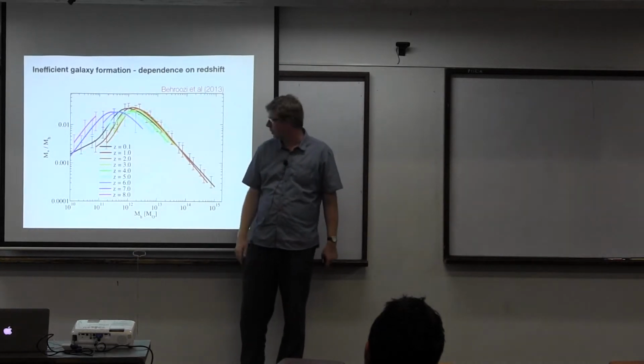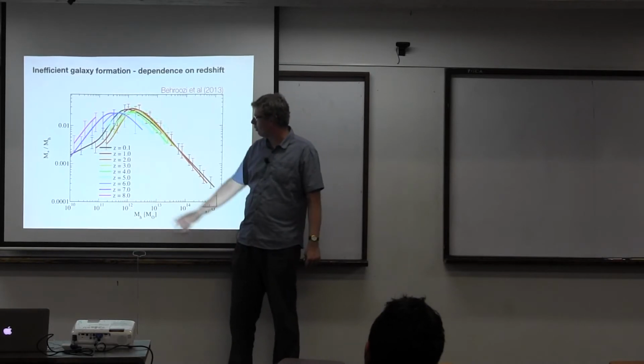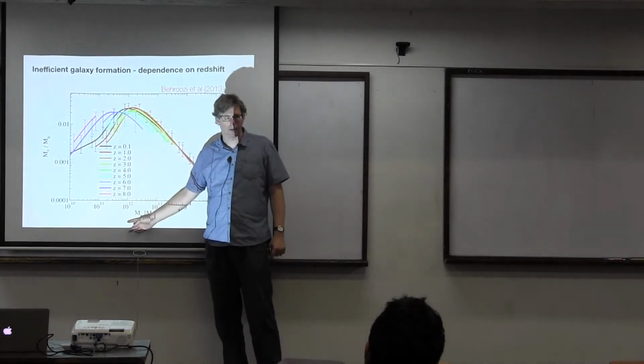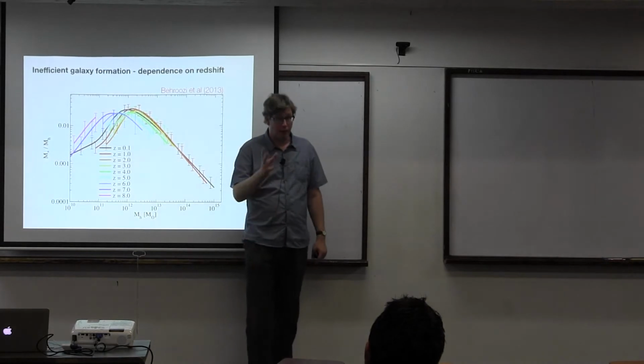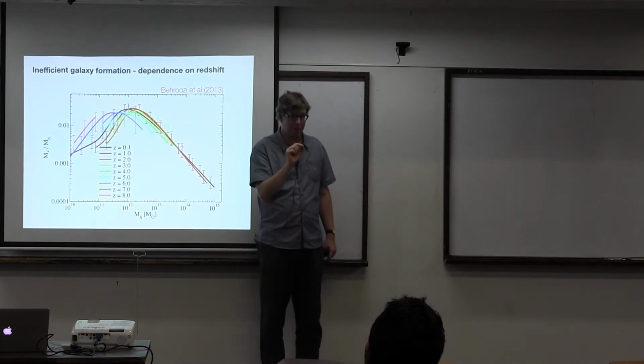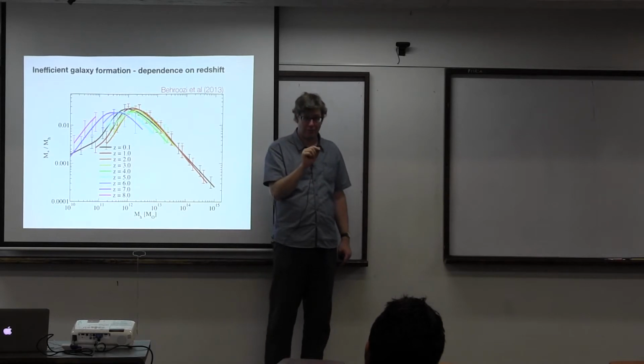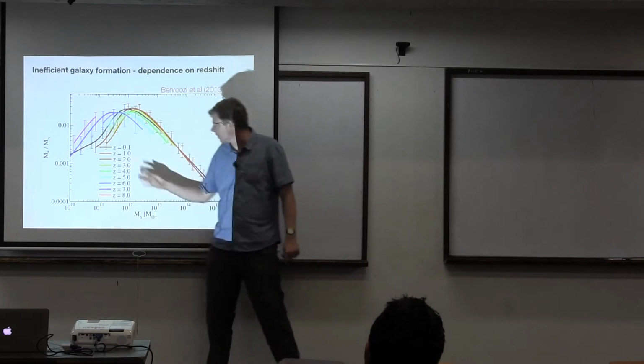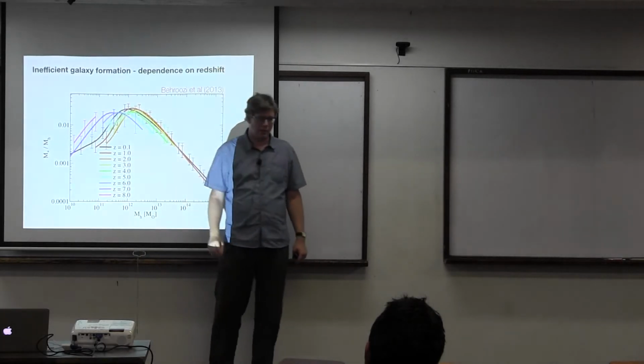There's a little bit of scatter, but not much of a difference. And they all say that halo masses of around 10 to the 12 solar masses at that redshift is the most efficient at forming stars. And then at higher redshift, it drops down a bit, but the data are less good.